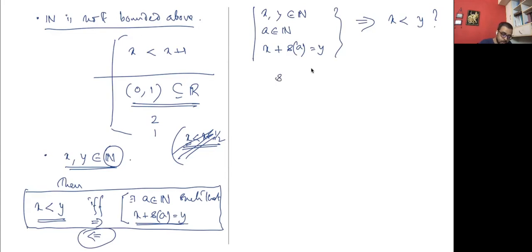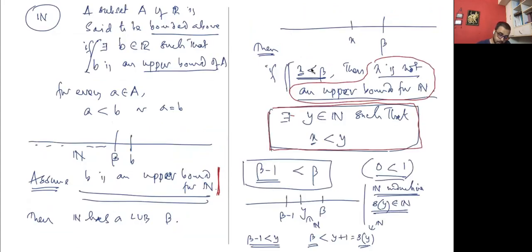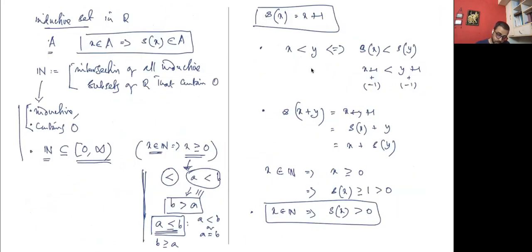We have seen something about S of x for x belonging to N. For any element in N, S of x is strictly greater than 0.